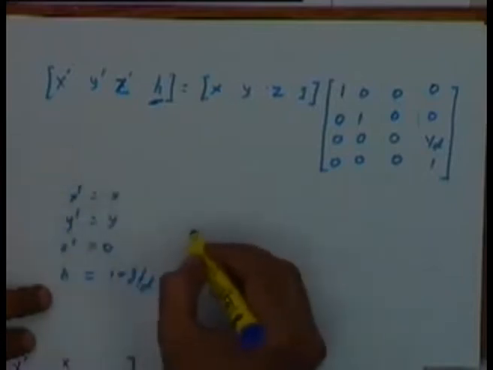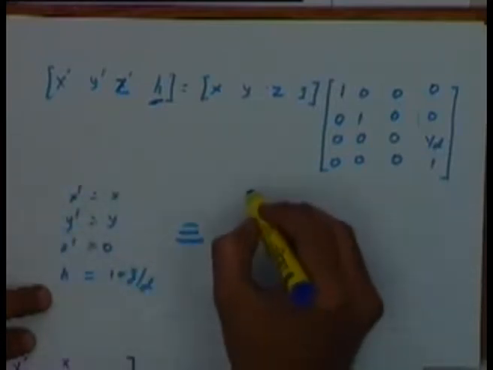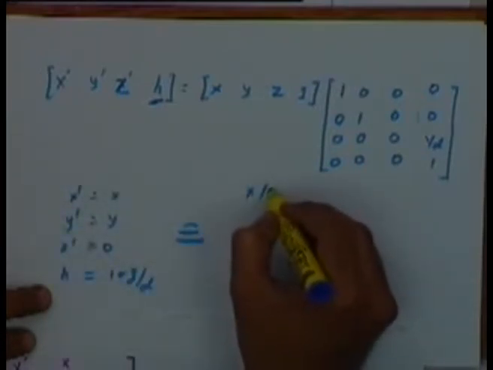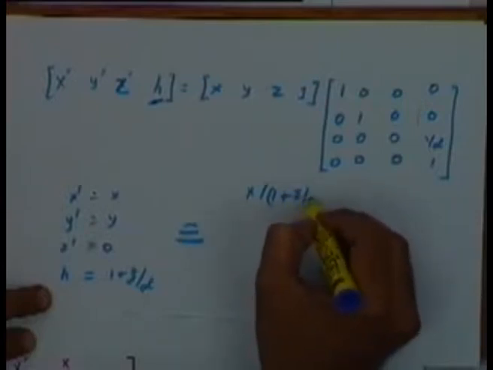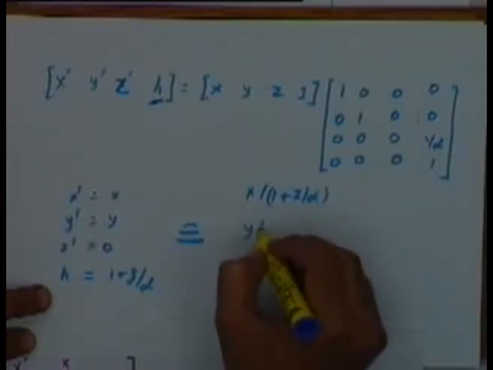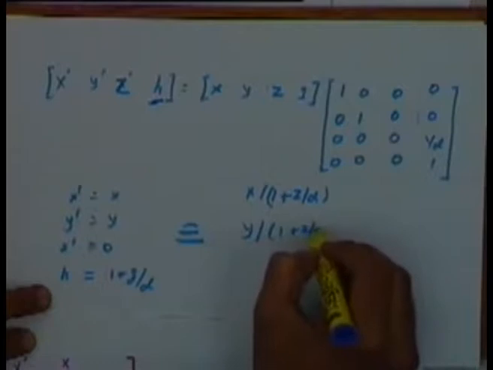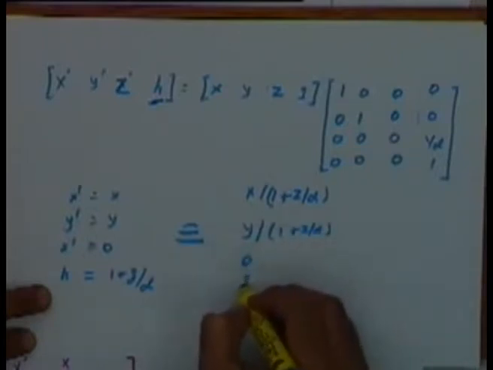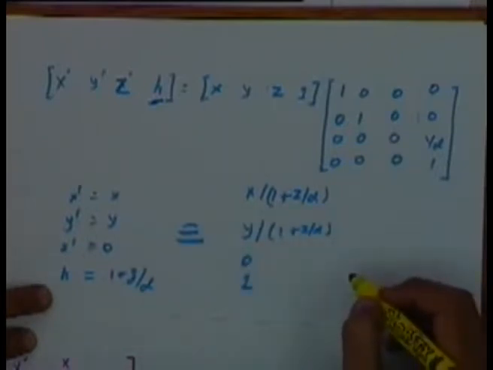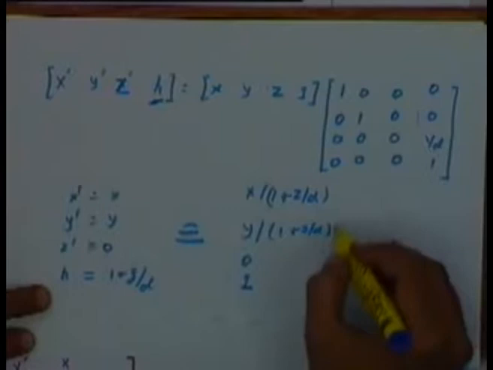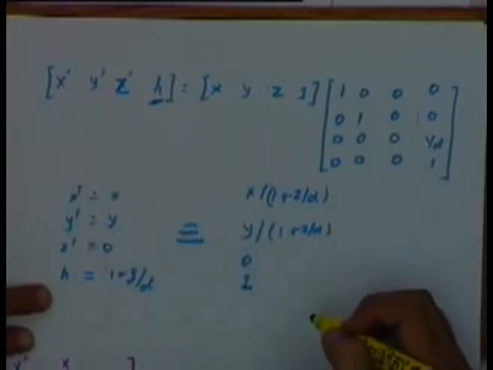So this point would be the same as the point x divided by 1 plus z by d, y divided by 1 plus z by d, 0 and 1. So this way we will be able to capture this nonlinear transformation.